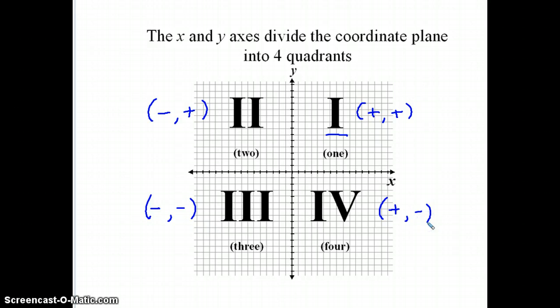Those four items will help you identify points to determine what quadrant a point would be in. In addition to that, we have two other areas. We have the x-axis, and we have the y-axis over here.